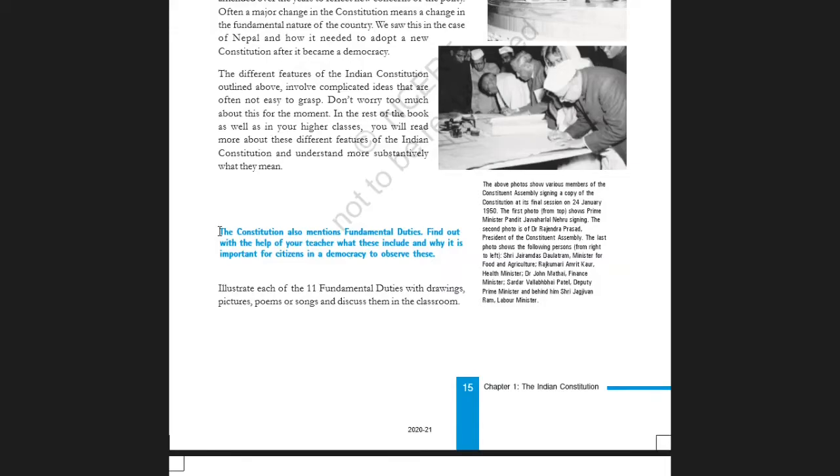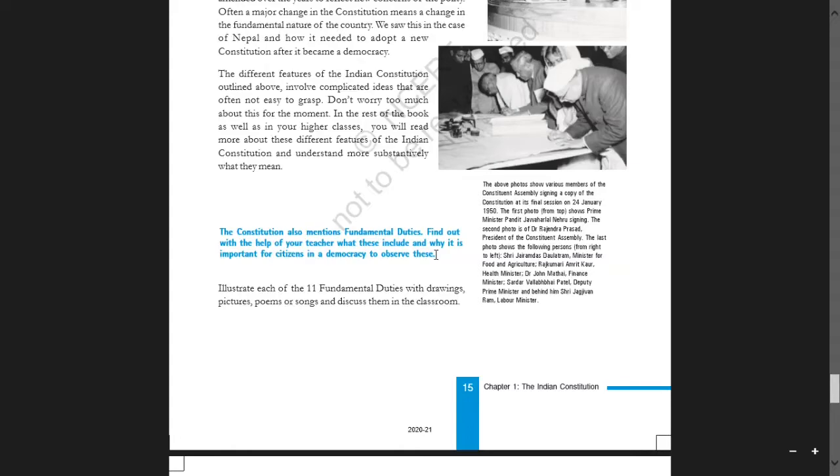So, boys, the Constitution also mentions fundamental duties. Find out with the help of your teacher what this includes and why it is important for citizens in a democracy to observe this. Apart from these fundamental rights, we have 11 fundamental duties also.